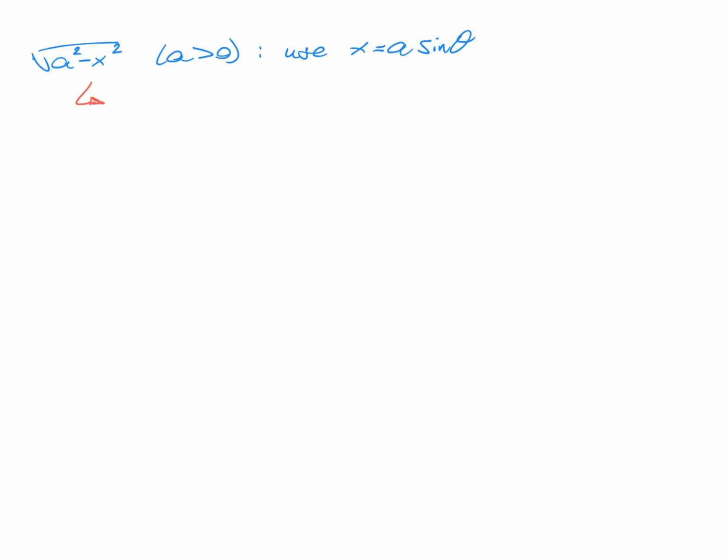Well, if we plug it in, we get here a squared minus a squared sine squared of theta, and then we need to take the root of that. So a squared times 1 minus sine squared is a squared times cosine squared. So this is just a times the cosine of theta. So we simplified the expression into a simple trigonometric function.